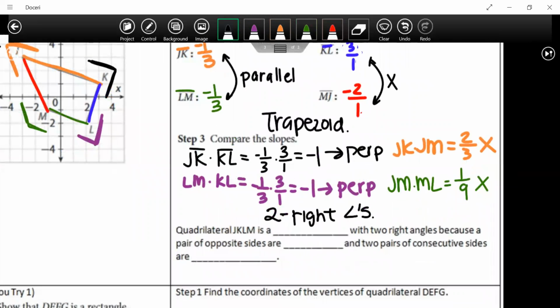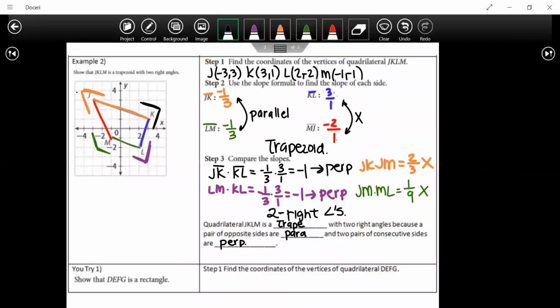Quadrilateral JKLM is a trapezoid with 2 right angles because the opposite sides are parallel, with 2 consecutive sides that are perpendicular.